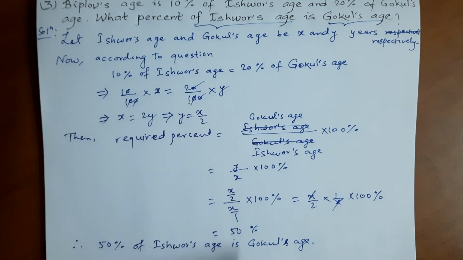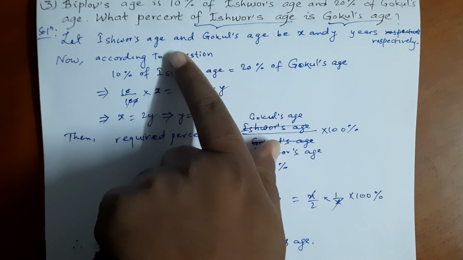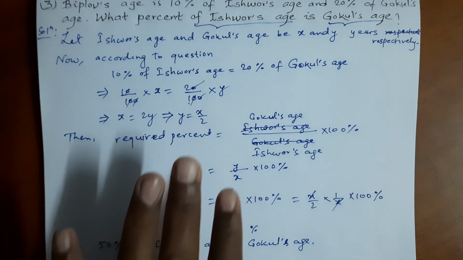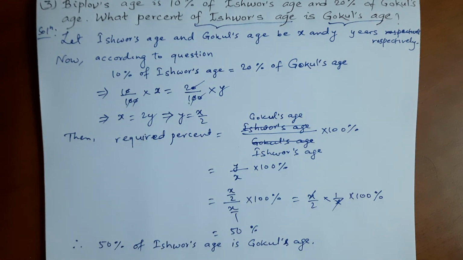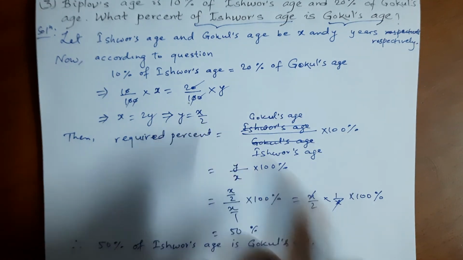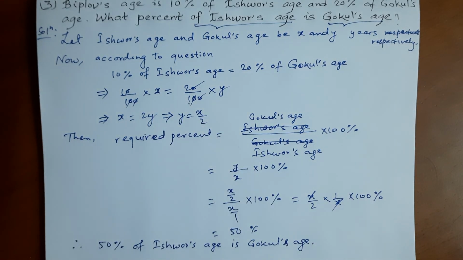So 50% of Ishwar's age is Gokul's age. Orally also we can check it: if you find 50% of X, you will get Y. In this way we can check it easily. And if you need to copy it, you can pause the video and copy it.